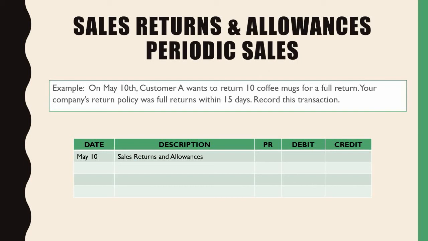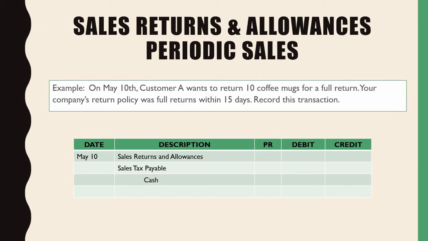You can't just go back in the past and fix it. So this is one of those concepts where you need to create a contra account, and we call it sales, returns, and allowances. And then lastly, yes, you do have your cash. Now, you also have to include your sales tax for that.